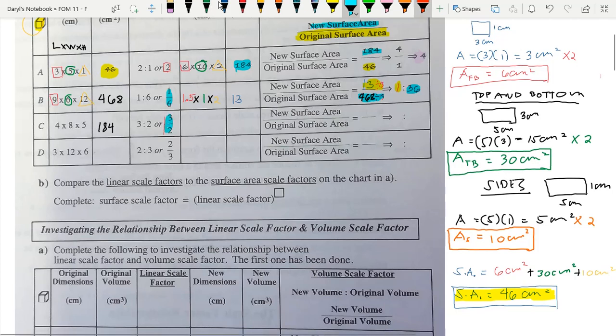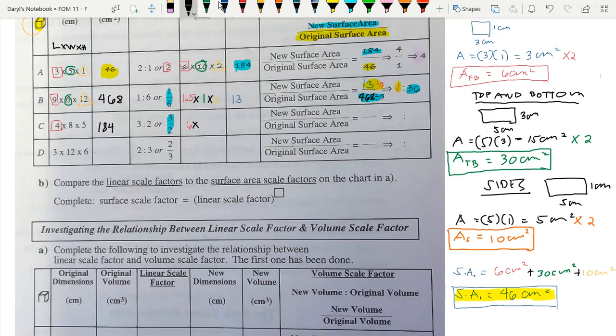Okay, so I'll be using the linear factor 3 halves to get the new dimensions. So that would just be 4 multiplied by 3 halves. So that would give me 12 over 2, or that is 6.